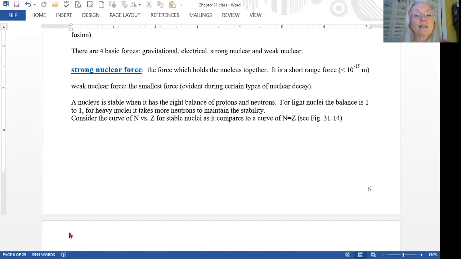So a nucleus is stable when it's got the right balance of protons and neutrons. For really light nuclei, that's almost always a 1-to-1 balance. For heavier nuclei, it takes a lot more neutrons to maintain that stability.